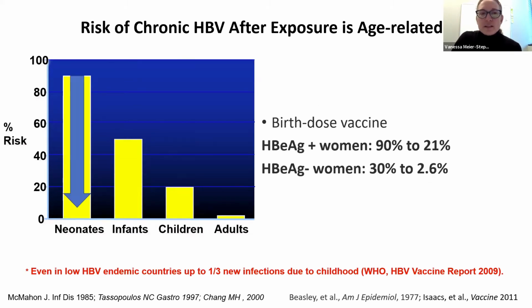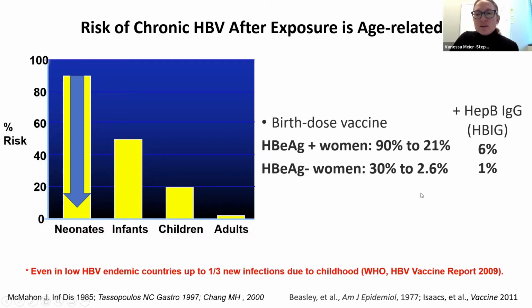So how effective are vaccines? If you give a birth dose vaccination to a woman who has actively replicating virus, and I'm using the term antigen positive as that marker, you can reduce the risk of transmission to her baby from 90% down to 21%. If the person is not actively replicating and has lower viral loads, this can be reduced from 30 down to 26.